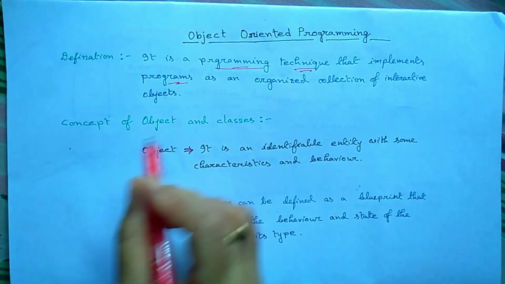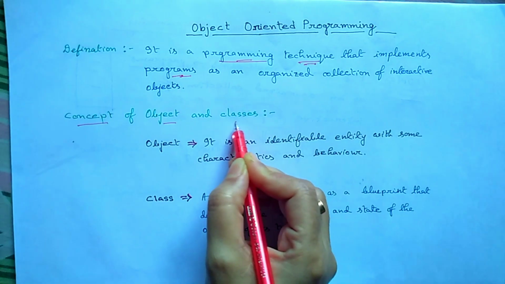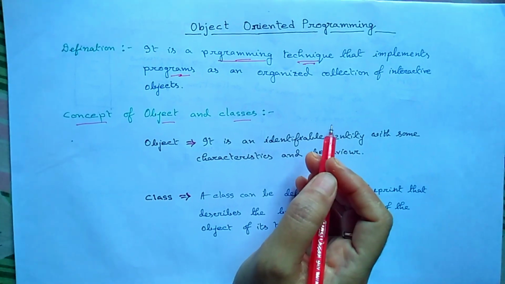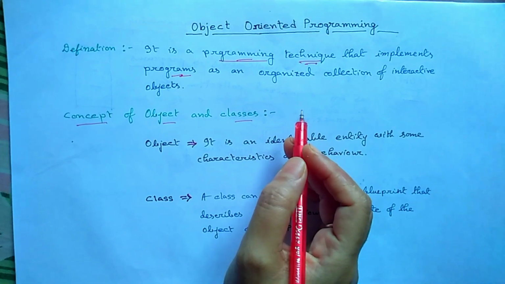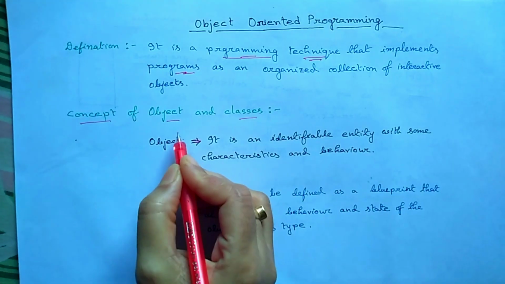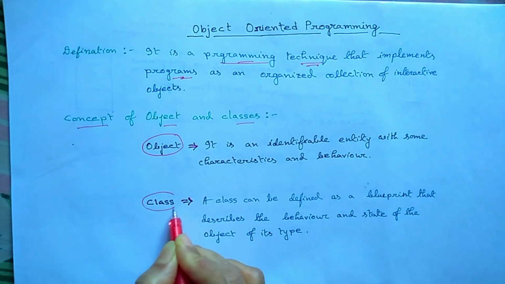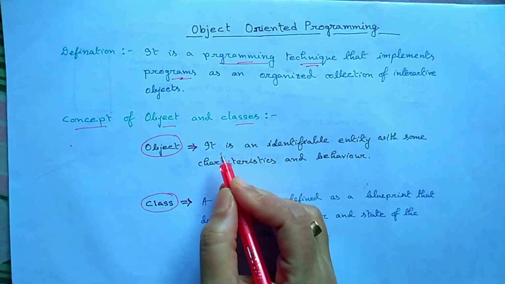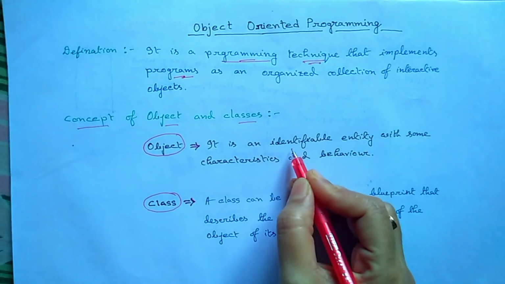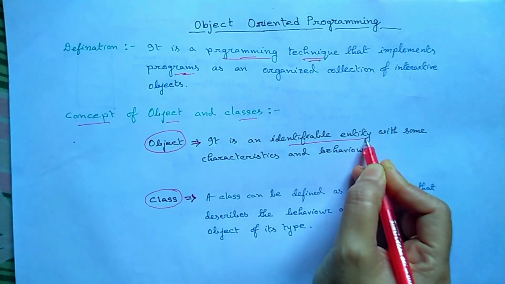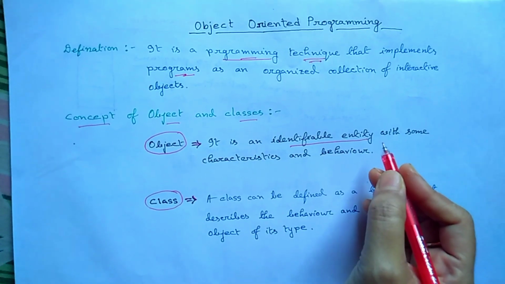Next, what is the concept of object and classes? First of all, we know that the basic concept of object-oriented programming is object and class. First, we define what is object. It is an identifiable entity with some characteristics and behavior.